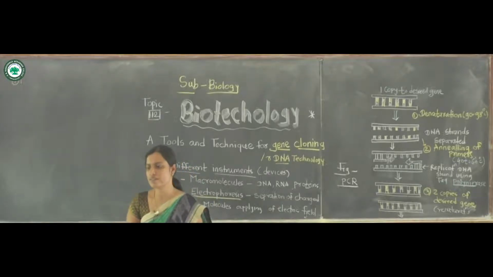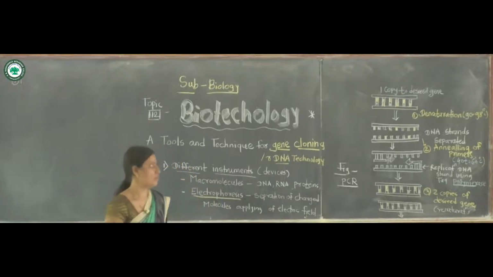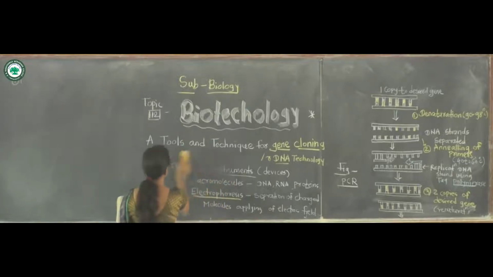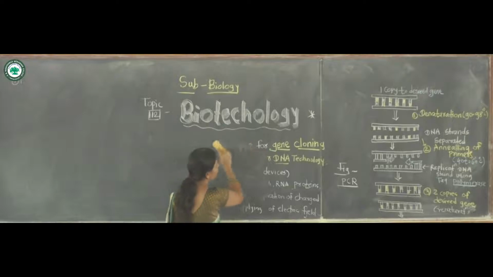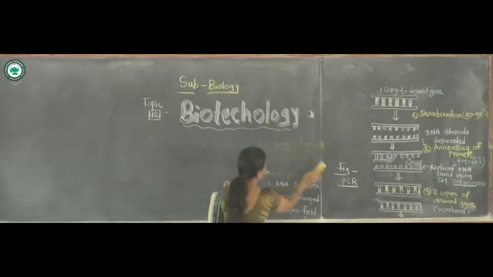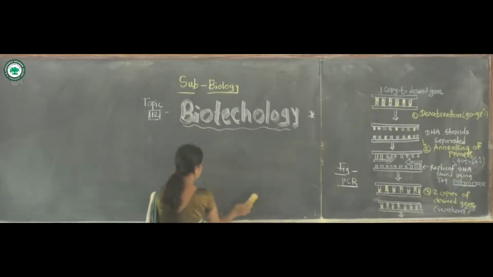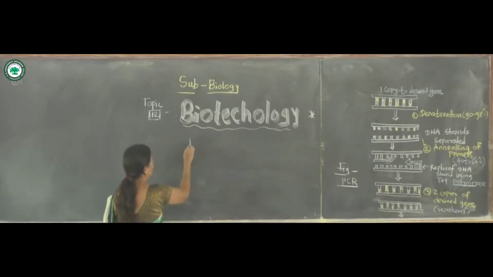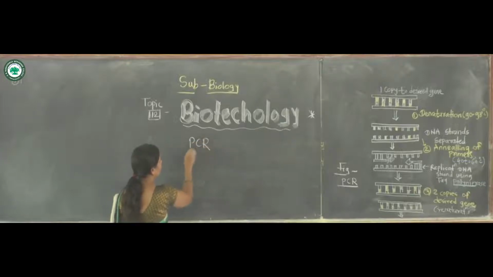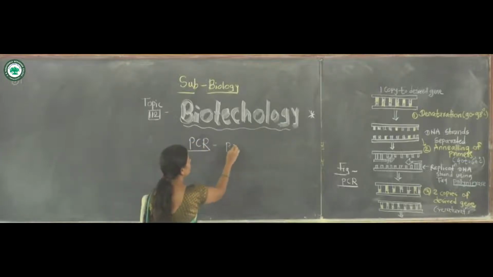Now the next concept is PCR. These new machines, like PCR, are the most important tools for the gene cloning process. The PCR technique: PCR is the polymerase chain reaction.